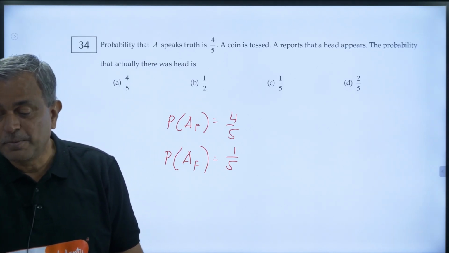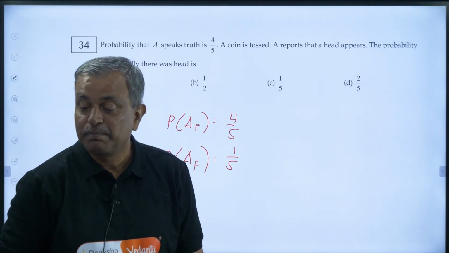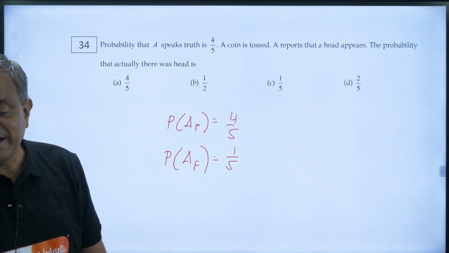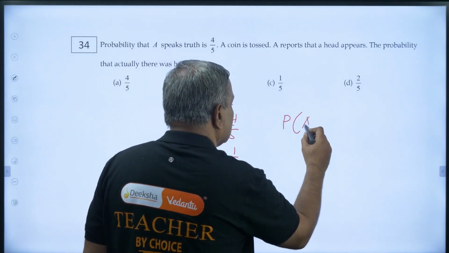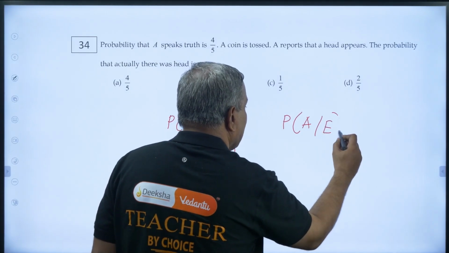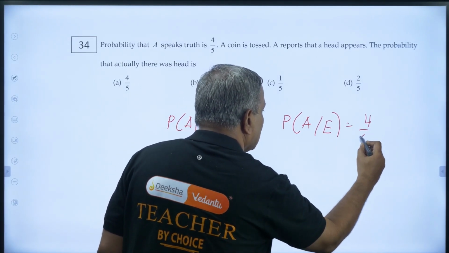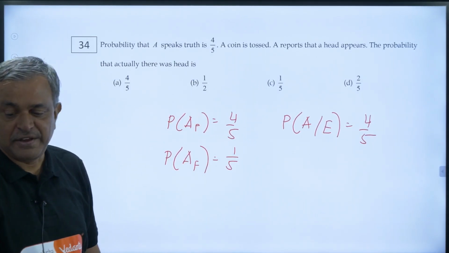Now we calculate: head comes and A speaks the truth, P of A by E, which is 4 by 5.